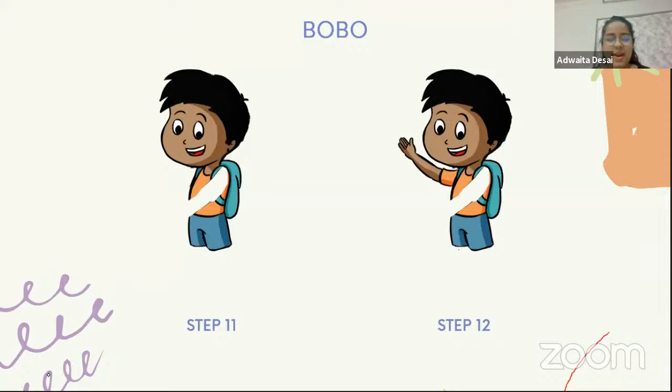Okay, I am somewhat done with my Bobo. All right. Can I get a couple of thumbs up if you are done with the coloring?